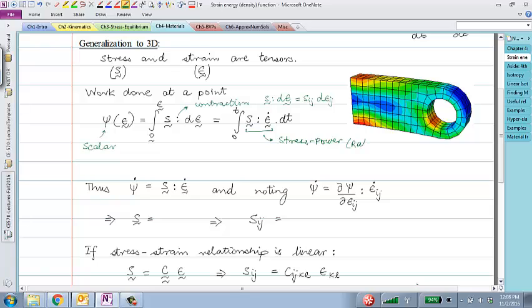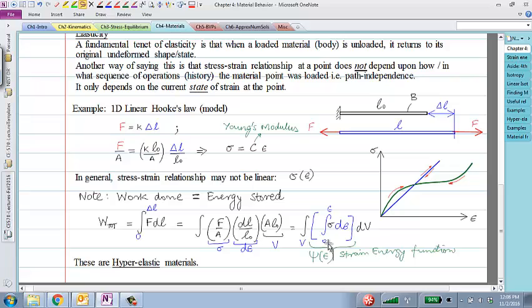It's like the rate of change of internal work, the rate of internal work done. So that gives me the strain energy density stored at a particular point. If you integrate that over the entire volume, that would give me the strain energy stored in that entire body. So this integral that I have written out here is the same as this corresponding integral that I have here in the blue brackets.